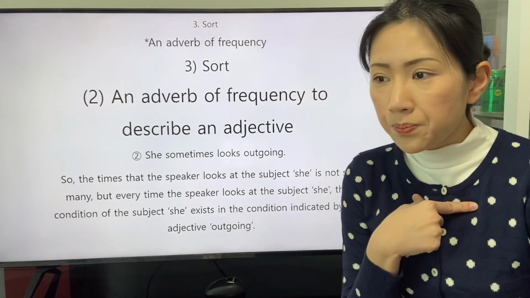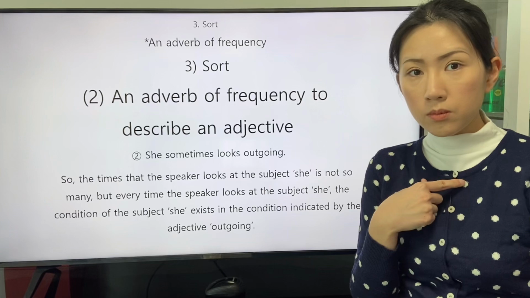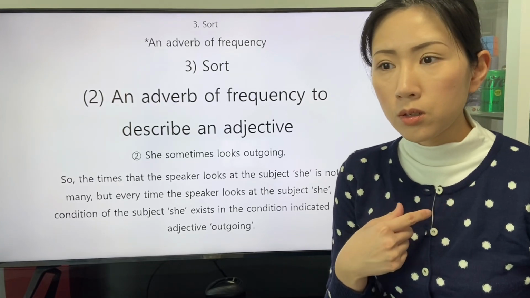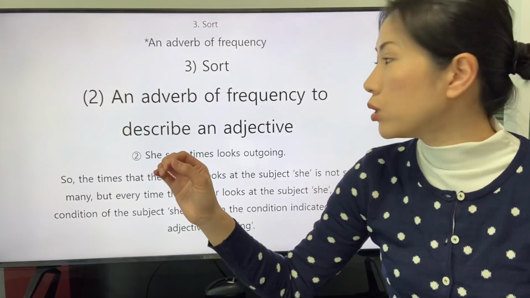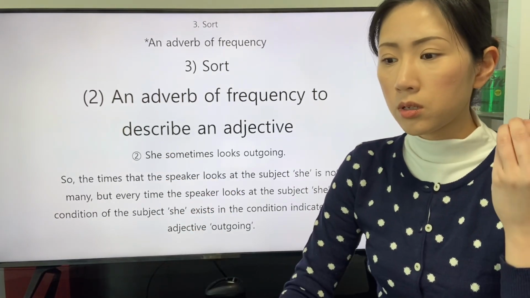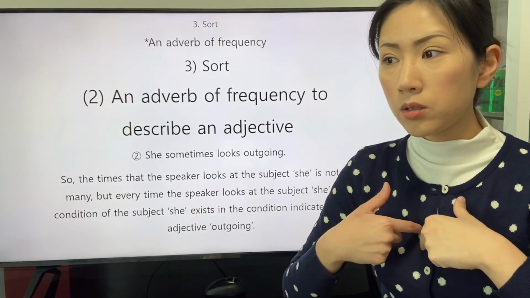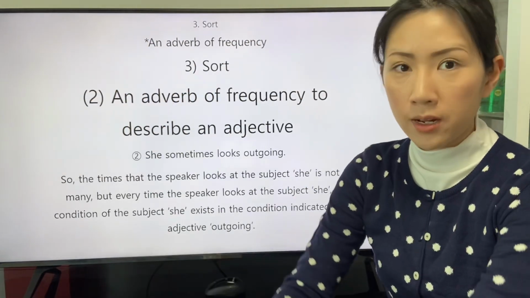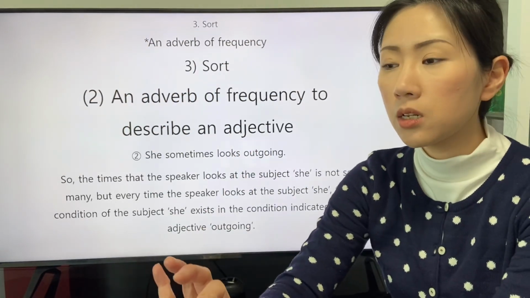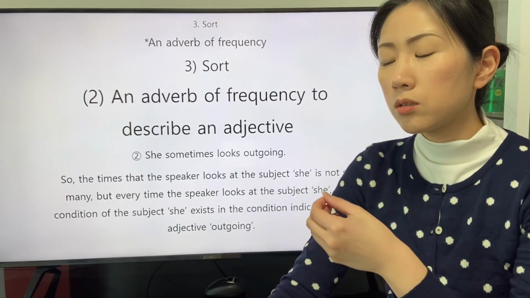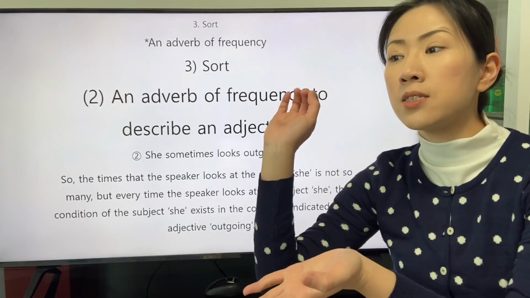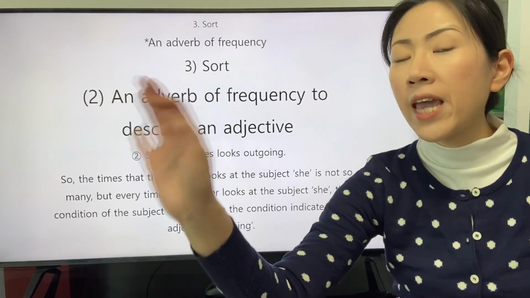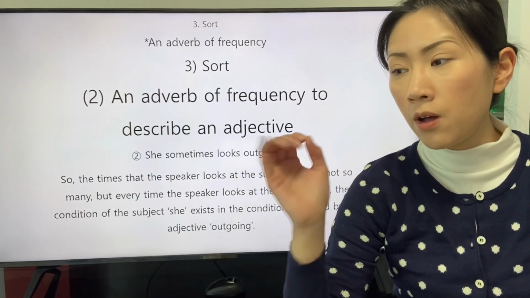The speaker who starts the action indicated by the intransitive verb look describes the object of the action. So the subject she is to get the action from the speaker.